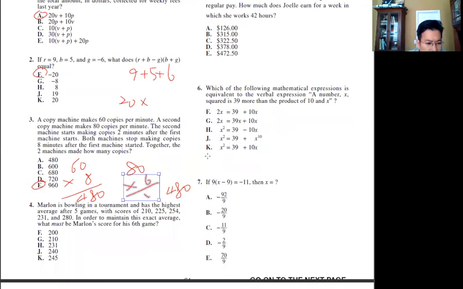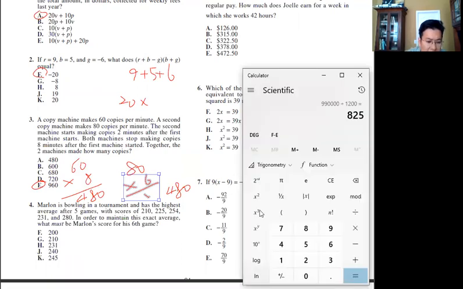Marlon is bowling in the tournament. His highest average 5-game score is given. In order to maintain this exact average, what must Marlon score for the 6th game? So you get the average of these 5, and then you maintain the same average score.